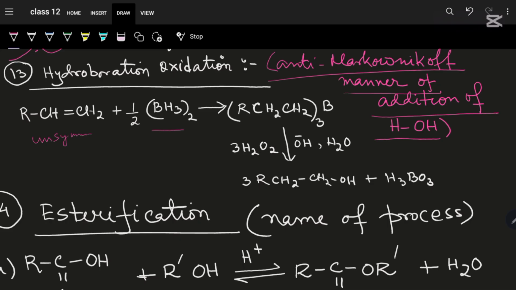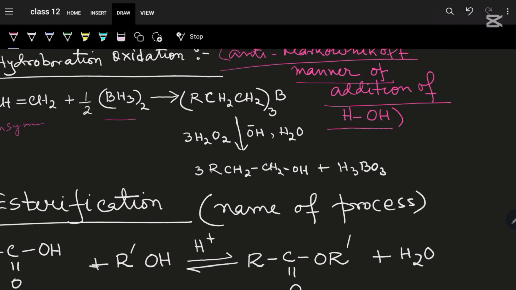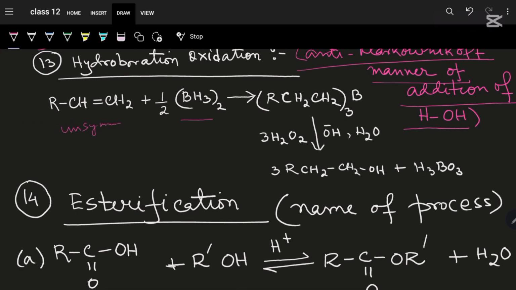Here BH3 forms a dimer, B2H6, diborane, and then you see RCH2 thrice on B. If I consider this to be R3B, you are getting a borane which reacts with peroxide in alkaline medium, finally H2O, and you get the alcohol.